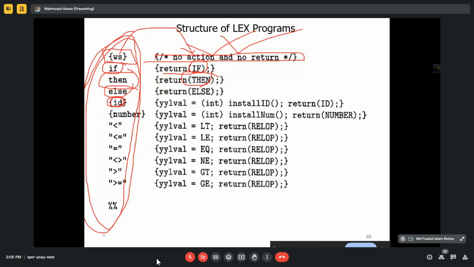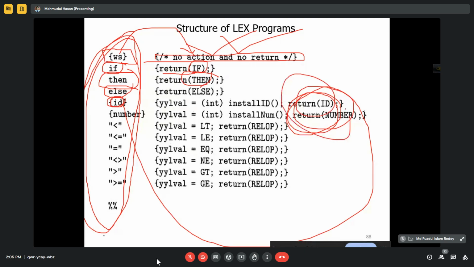So we know that ID is the identifier. When it is ID, it needs to return two things. The first one is the token name, that is ID, and the second one is the attribute value.